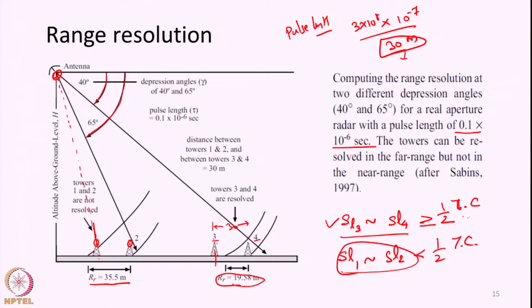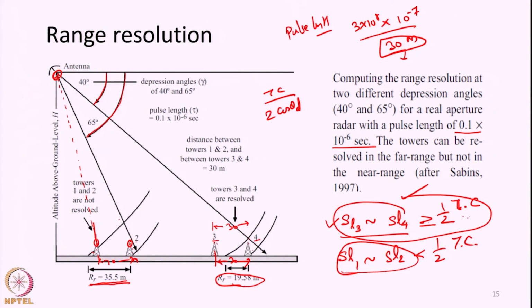Both pairs of towers are separated by a horizontal distance of 30 meters. Just use this formula, tau c by 2 cos theta d. From this we can calculate that for towers 1 and 2 to be resolved independently as two separate features, the horizontal distance between them should be at least 35.5 meters, so that the slant range distance between them is more than half of the pulse length.